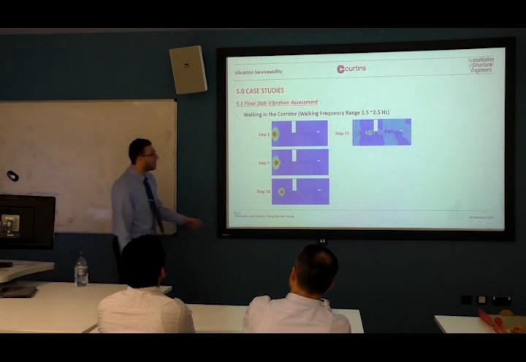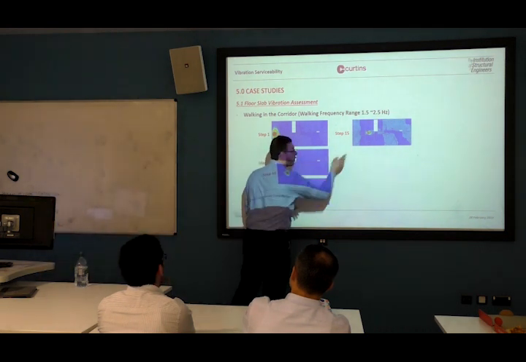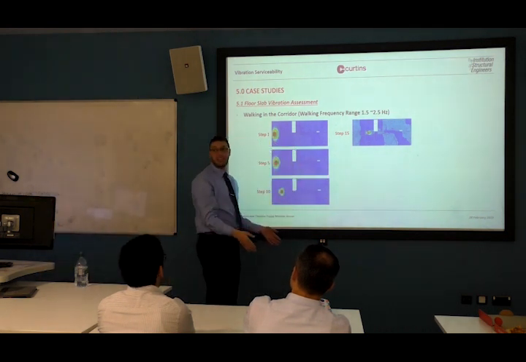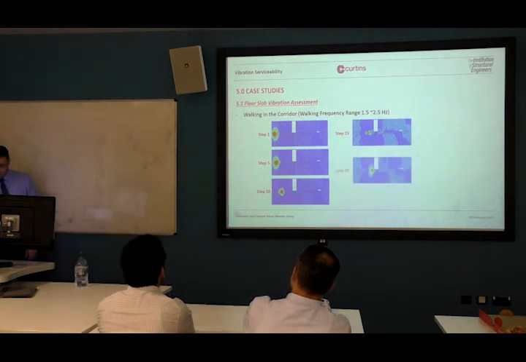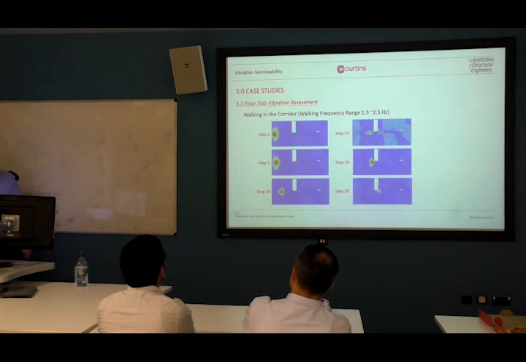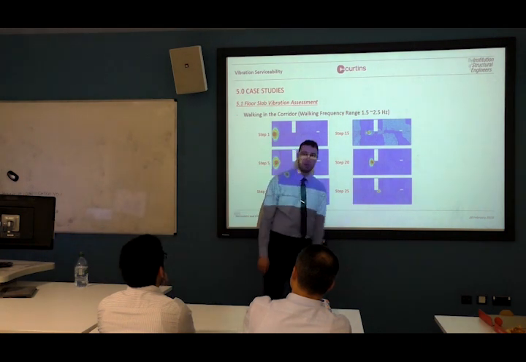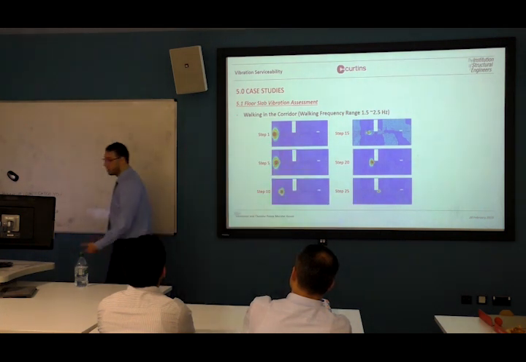You can see that it's more confined now because it is exactly in between the columns. Moving on, we're getting next to the core walls and almost no response. This is what you want to see.